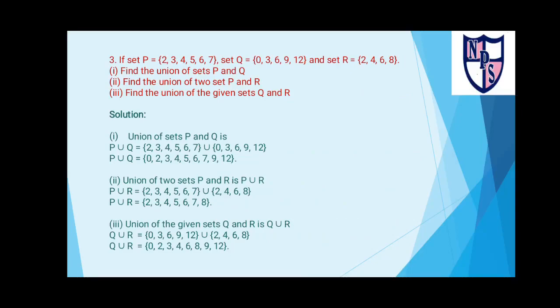In the last, union of Q and R. So the union of Q and R is given as 0, 2, 3, 4, 6, 8, 9 and 12.